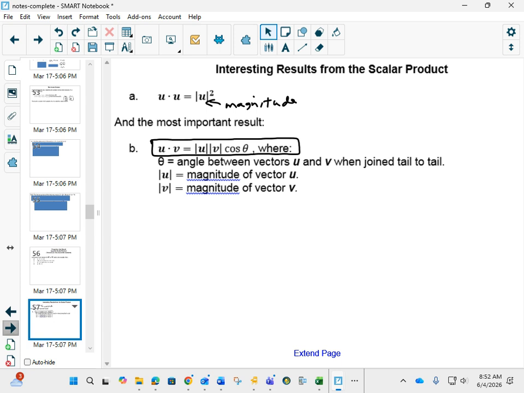But the one in the box is the most important result. It just so happens that the dot product is equal to the length of u times the length of v times cos of the angle in between them.